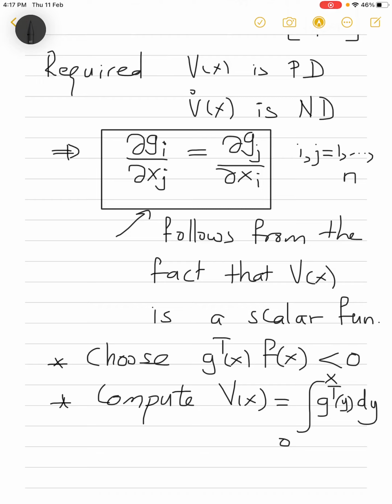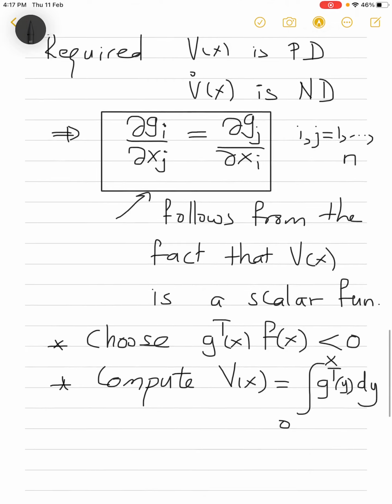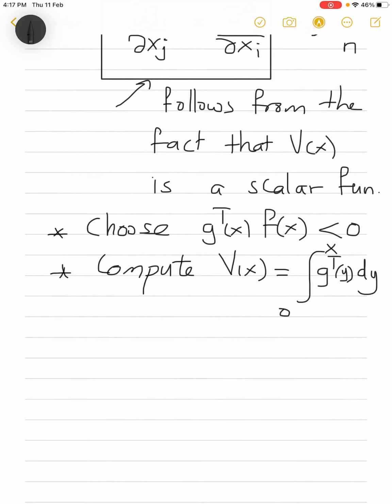Of course, y here is a dummy vector, and we can do that along any line that joins 0 to x. So normally this is done along the main axes of the coordinate system.